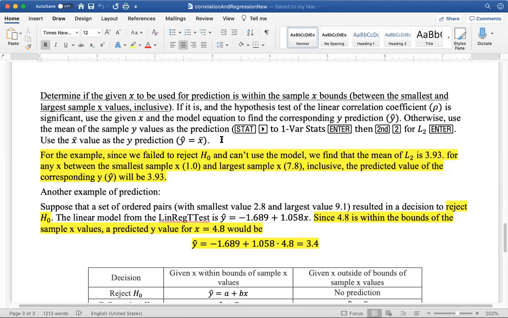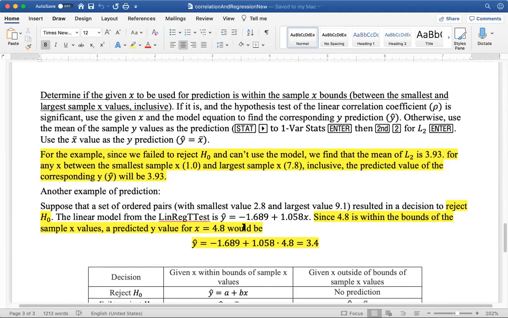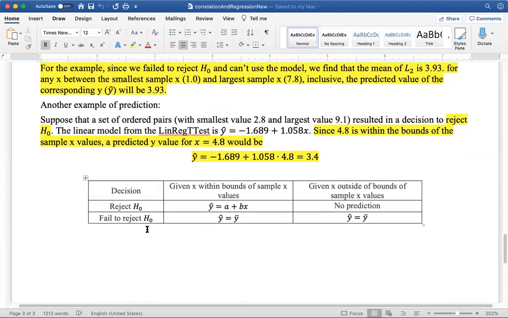It's the mean of that list, and since the list is the Y's, it's the mean of the Y's. That is going to be your prediction when you need the mean of the Y's, and remember, you need that when you fail to reject H0. You're going to use the mean of the sample Y values as your prediction for any X.